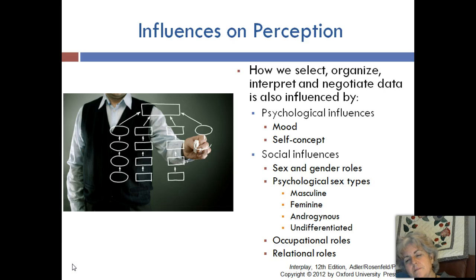Other things, it's also influenced by psychological influences like your mood, you're just having a bad day, or you suffer from very low self-esteem, so therefore you reject certain messages that aren't consistent with that poor self-esteem. Social influences have a lot to do with norms and roles. There are certain roles as to what a male is supposed to do, a female is supposed to do.